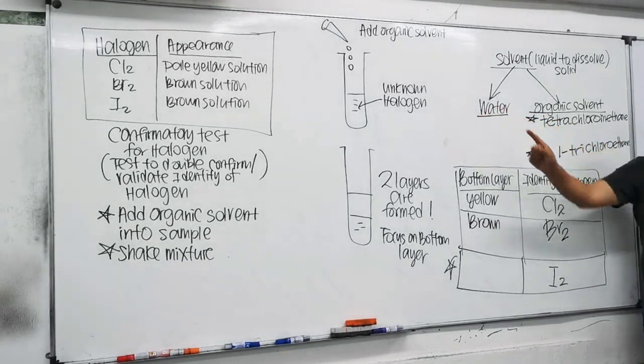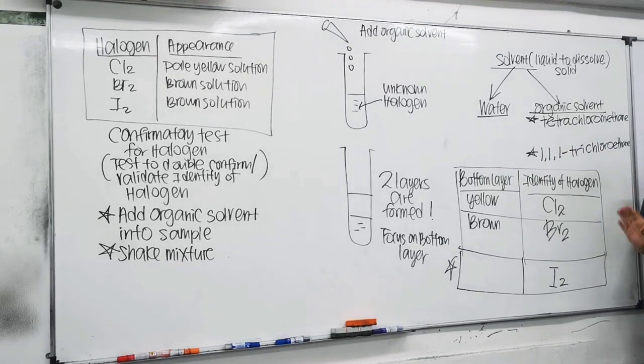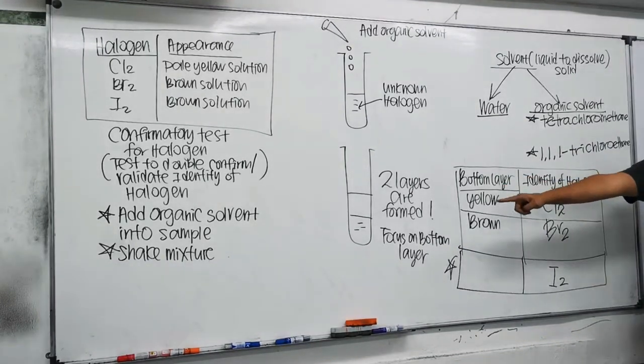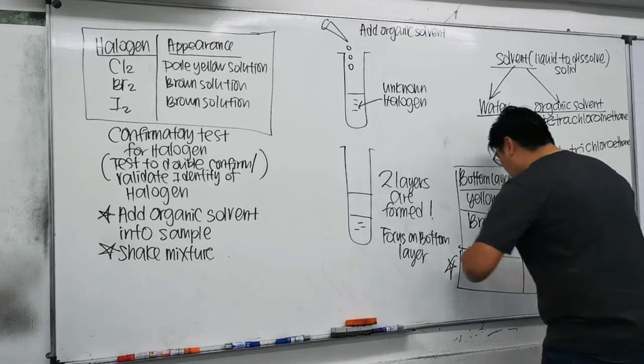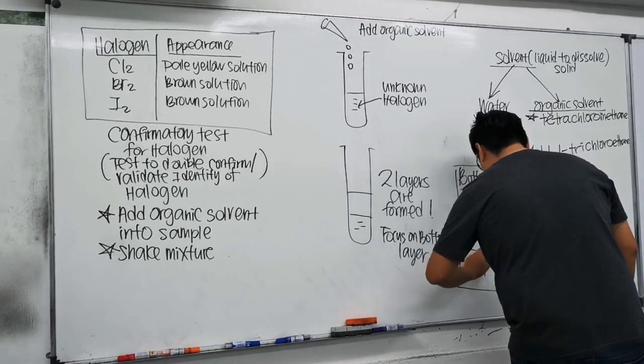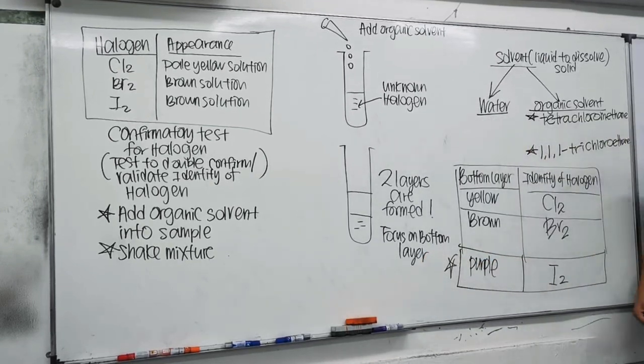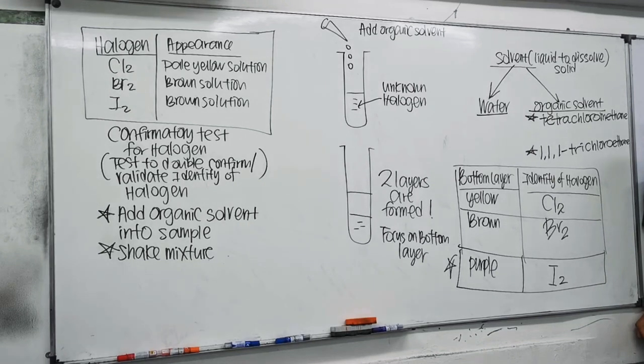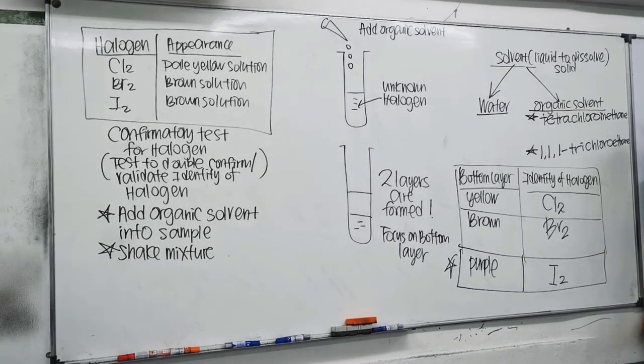The color will be different. If you have iodine, your bottom layer will show purple. Are you okay with that? And this is very powerful, because by doing this, you will be able to differentiate bromine and iodine.